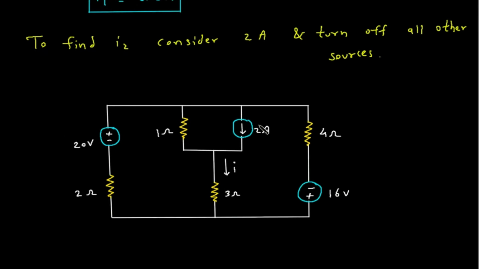So now we will consider this 2 ampere and turn off all other sources. Since this is a voltage source, this will be turned off and short circuited. Also, this is a voltage source, so this will be turned off and short circuited. We have to find this I2.